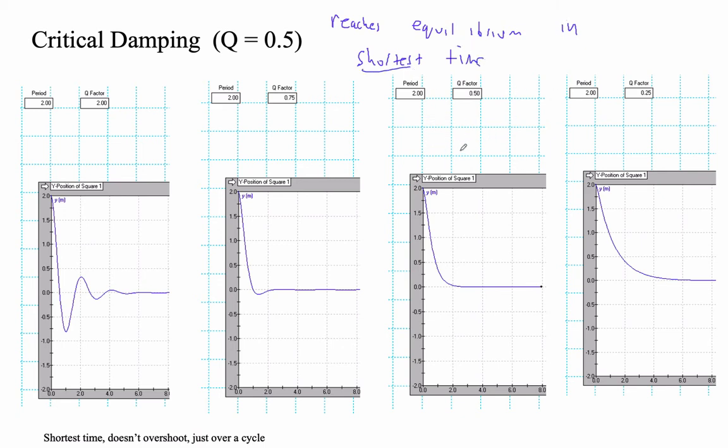So this one right here is our critically damped one. Notice that the Q factor is 0.5, and it reaches that equilibrium in about 1 cycle. Our period here is 2 seconds. Okay, and in about 1 cycle, it just, whoop, there it is, right? There it is.